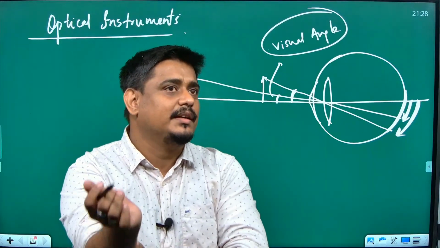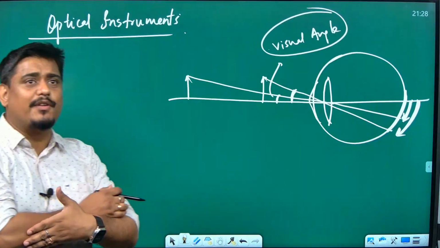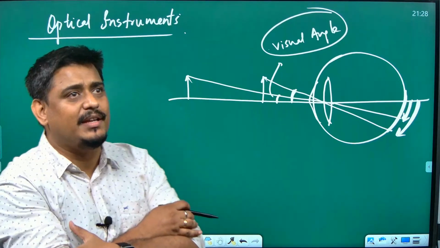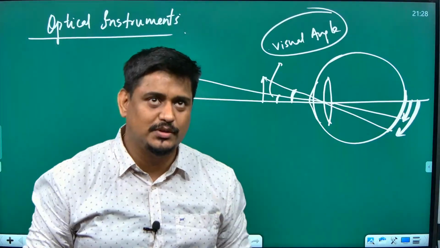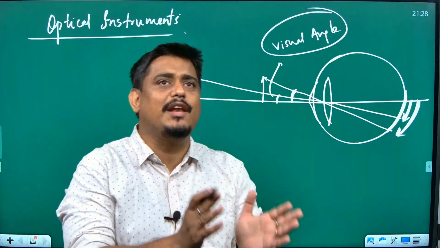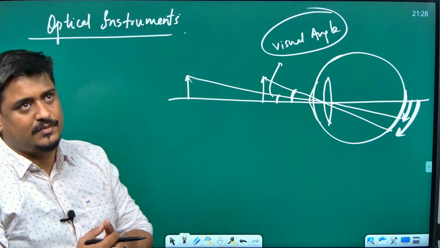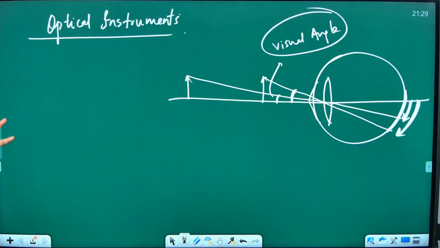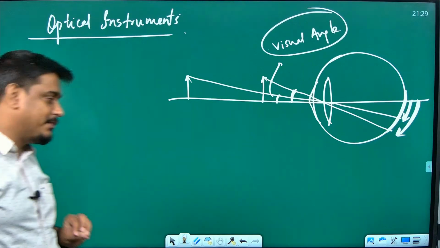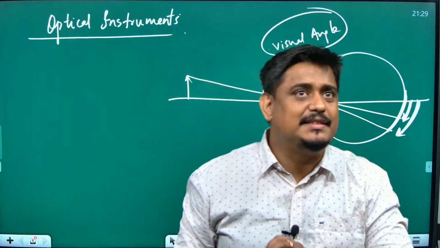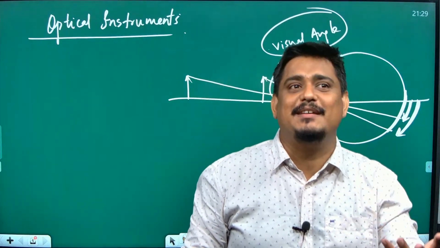Okay. So I hope it is clear to everybody why an object which is nearer to the human eye is looking bigger to you. It's just because the visual angle it subtends is more compared to when it is far. This is the base for optical instruments working, because whatever optical instruments they are going to talk about are mainly used for magnifying the image, isn't it?